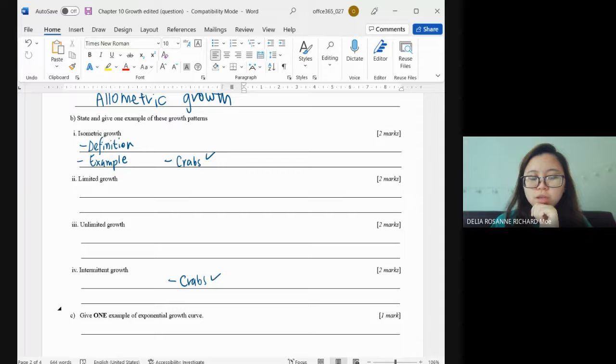I think we don't have enough data about how big the organs of the turtle are, because kalau kita mau tahu dia adalah isometric ataupun allometric, kita perlu bedah dan tengok dia punya size organ berbanding dengan dia punya badan.